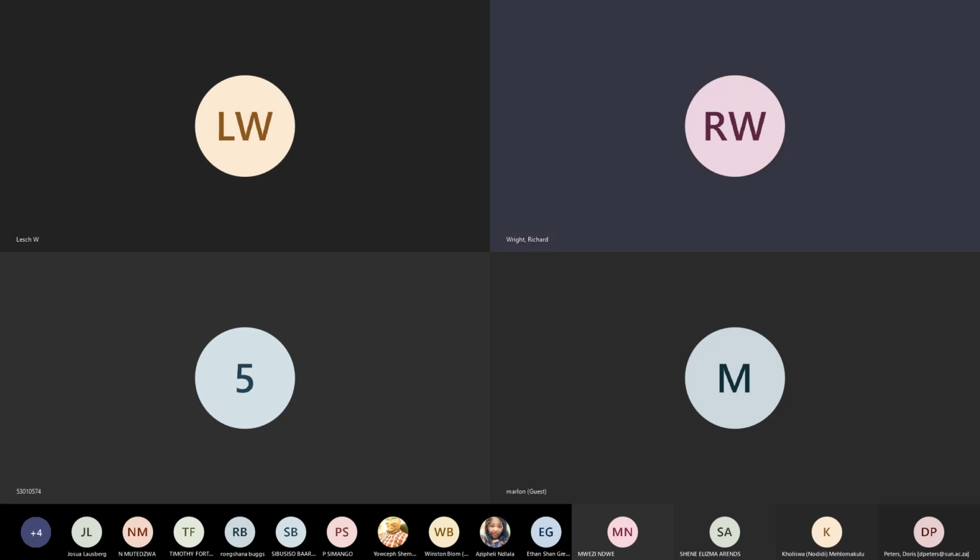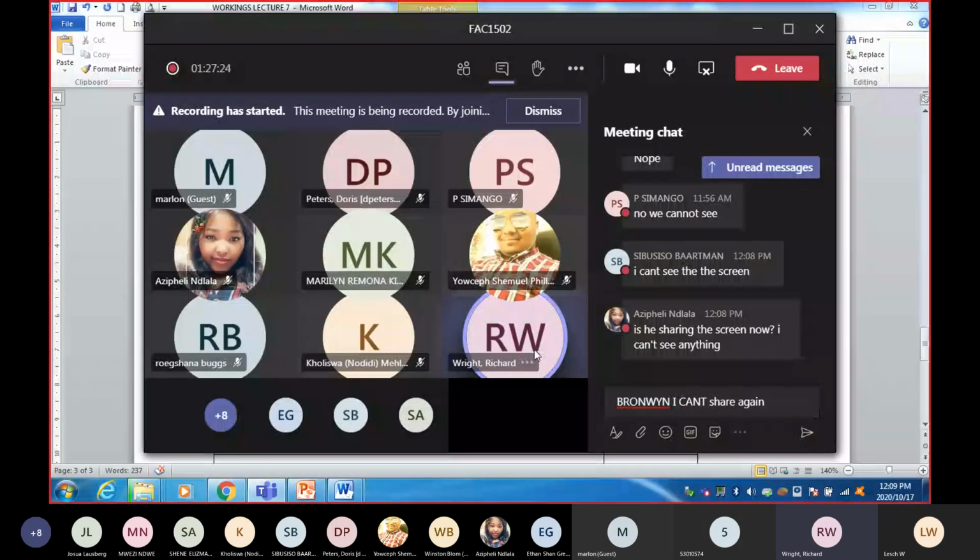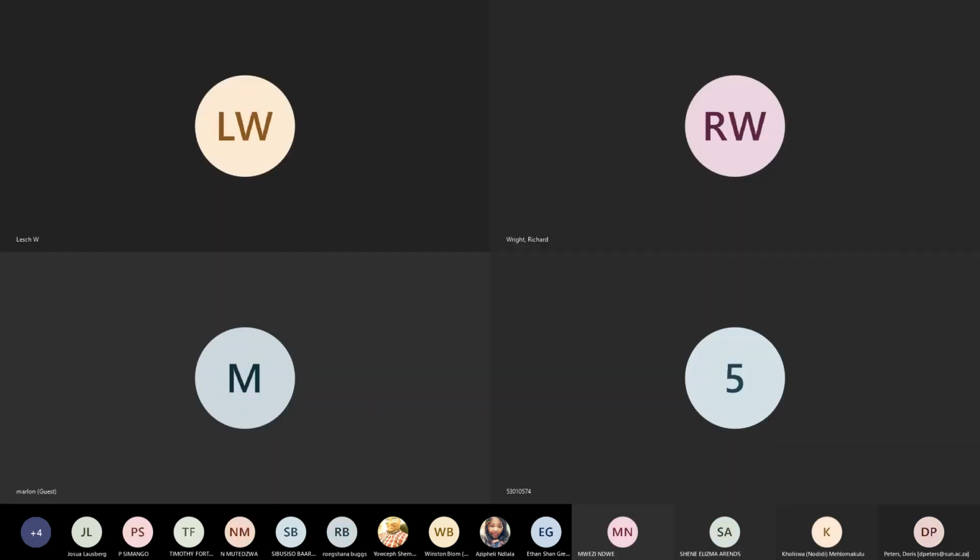No, we still can't see any. Okay, right. Oh, there it comes now. Yeah, there we go. Screen one. Now we can see. Okay, it disappeared now again. Can you see something now, Richard? No, not currently.